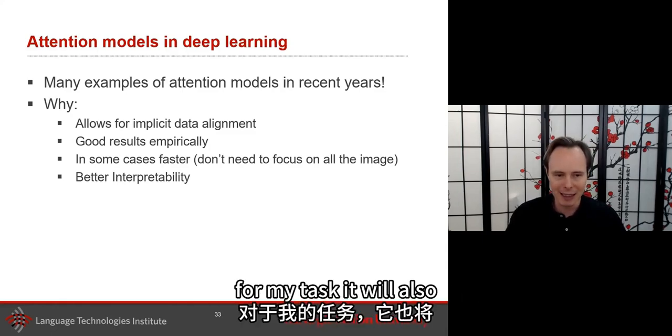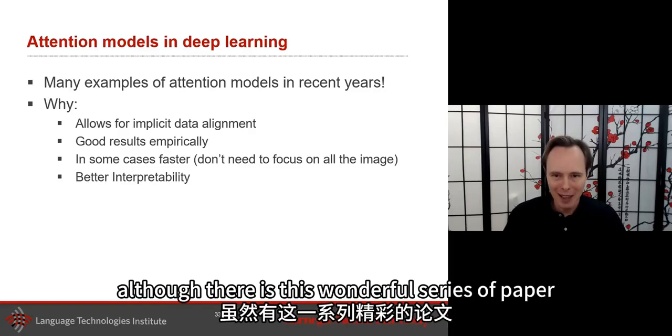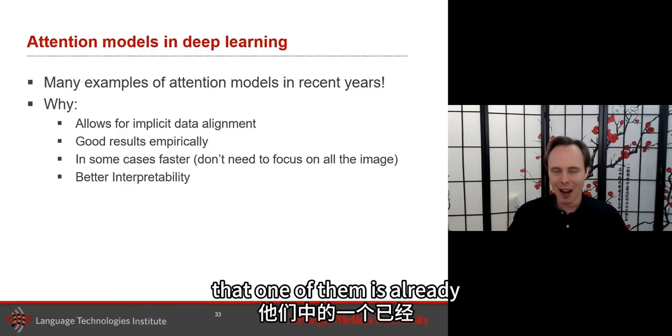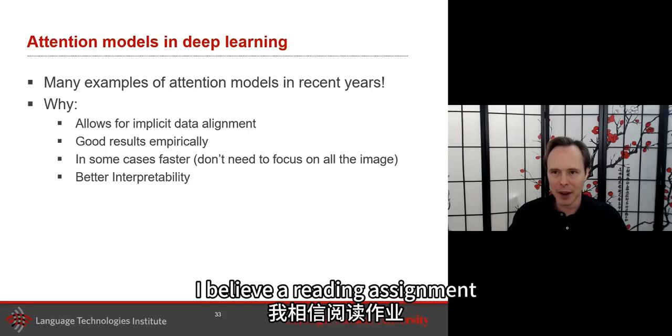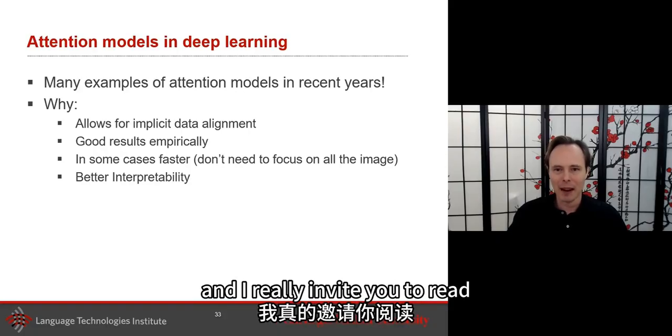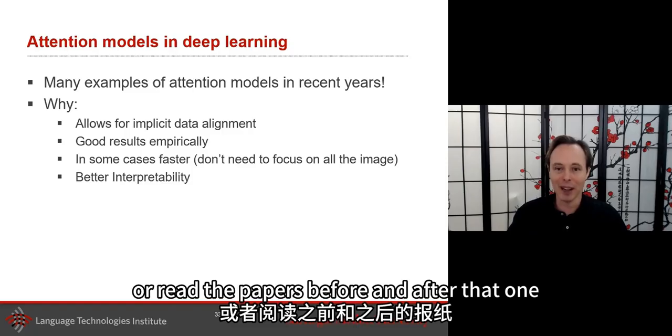for my task. There is also this wonderful series of papers, one of them is, I believe, a reading assignment, and I really invite you to read the papers before and after that one.